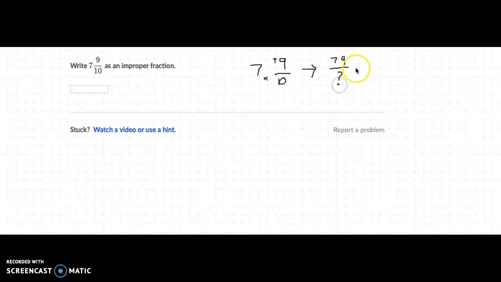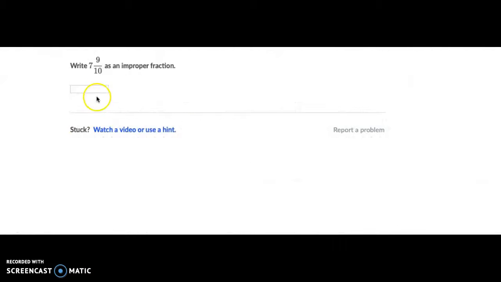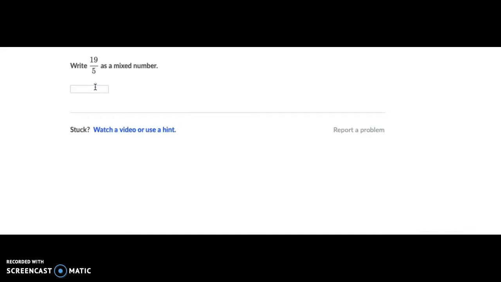And to find the denominator, what we're going to do is keep the bottom number the same. So 79 over 10. Oops, let's write that. 79 over 10 is the correct answer. So we're going to erase that and type in 79 over 10. And we got it right.